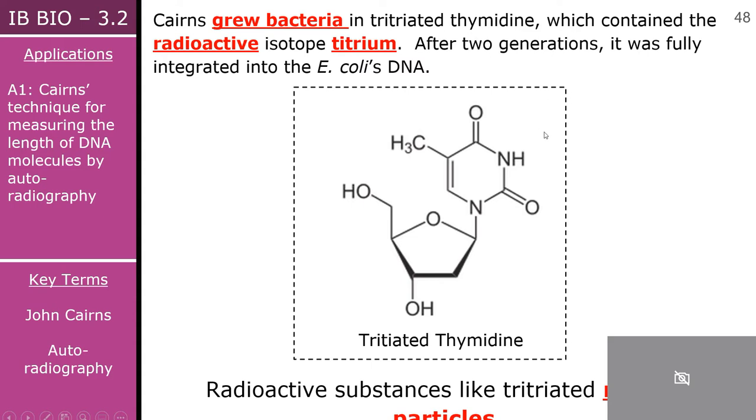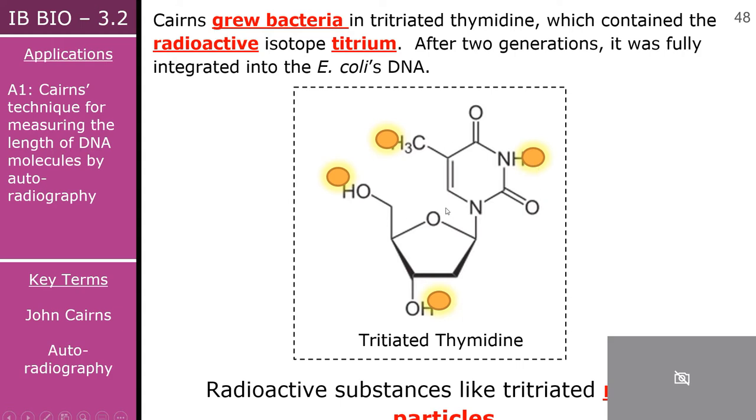All that means is this thymidine has radioactive hydrogens on it. And he threw this chemical into the E. coli while it was dividing. This radioactive thymine, the T of your A's, G's, T's, and C's, was incorporated into that bacterial DNA.